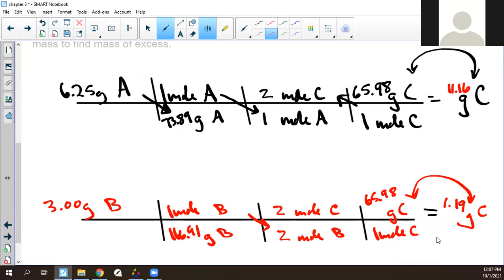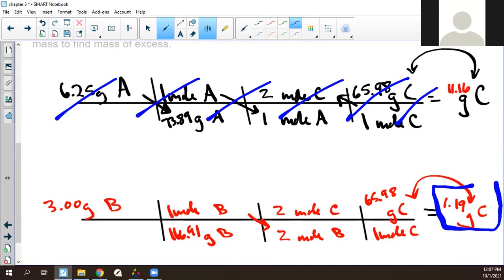Okay, so back with me. What we would do now is we would ignore this one, right? So listen, the one that produces the smaller amount of product is the limiting reactant. B would be the limiting reactant.